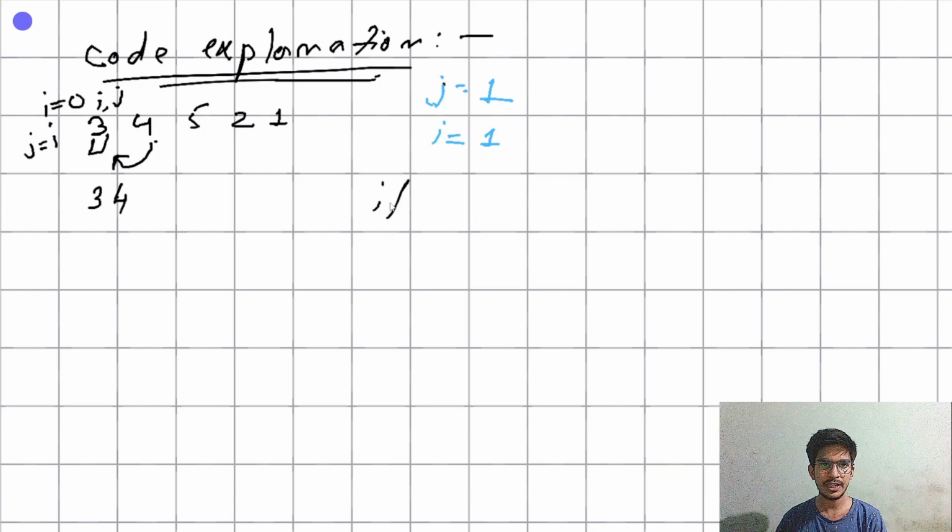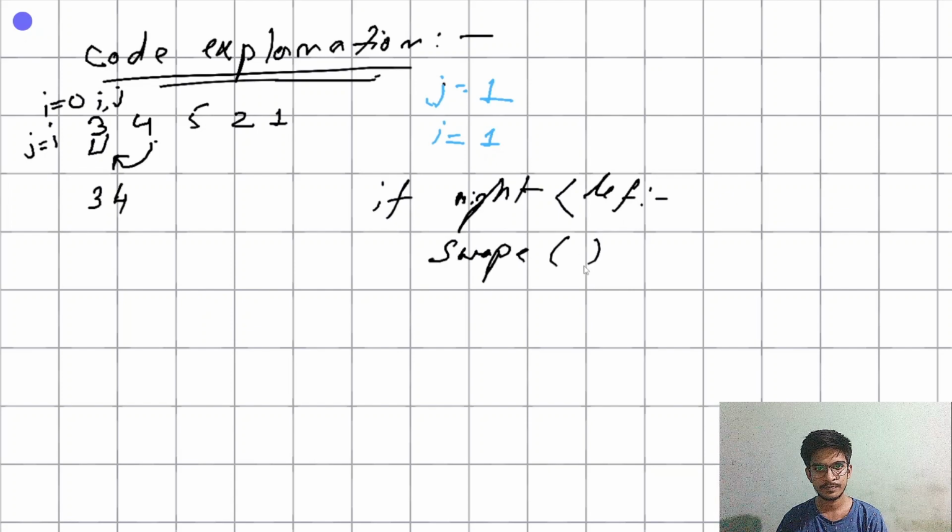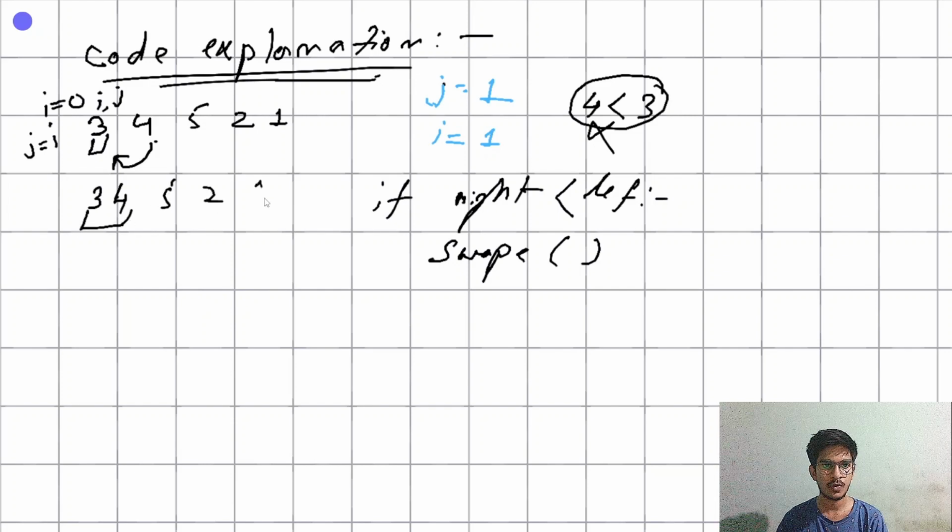The condition will be: if the right hand side element is less than the left hand side element, then there will be a swap. Is it true? If 4 is less than 3, it's not true, right? That's why it stays as it is, and this is the new sorted list, with 5 2 1 remaining.